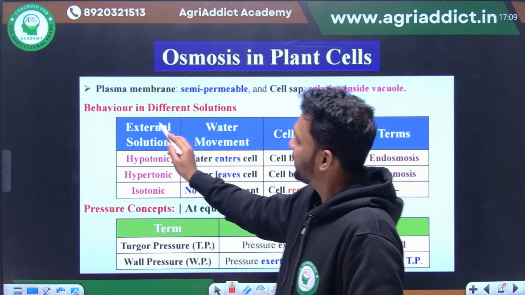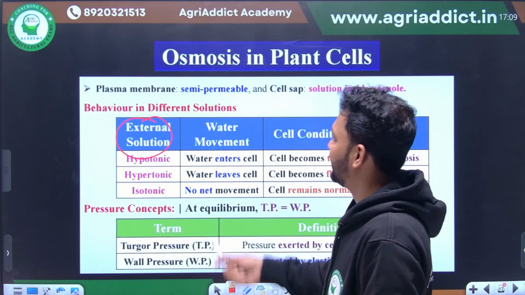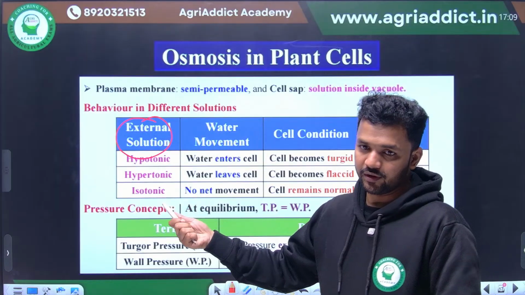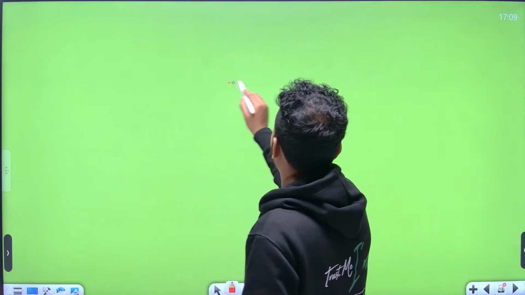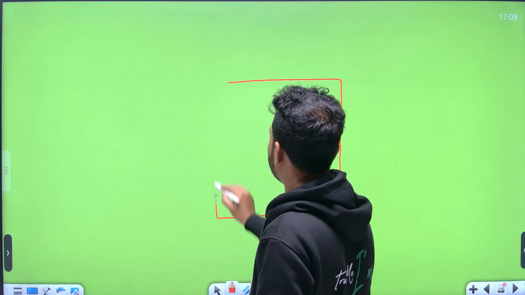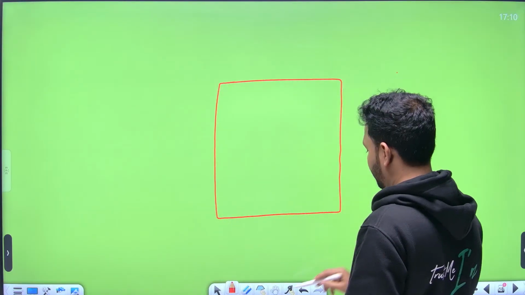If the external solution is hypotonic, suppose this is the cell and this is the external environment.